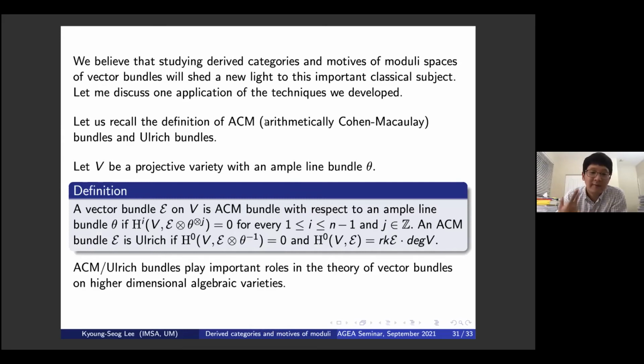When V is a projective variety with ample line bundle theta, a vector bundle E on V is ACM if it doesn't have any middle cohomology.